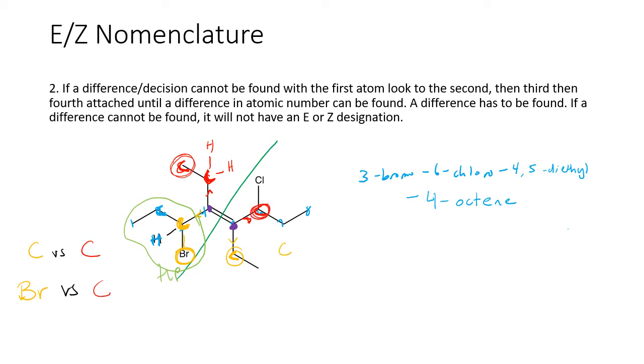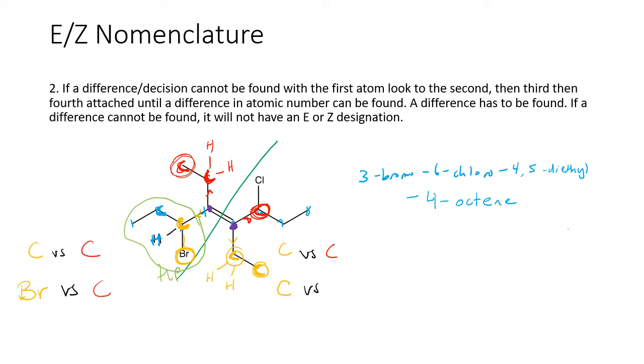So once again on this side, the first thing that happens when we move away is carbon versus carbon. So that doesn't break our tie. So we keep moving. On the bottom, after carbon, a couple things we could choose to go to. We could go to this next carbon, or coming off of this carbon that's not shown is a hydrogen and another hydrogen. Between choosing, I would choose carbon because that's my next highest priority on that branch.